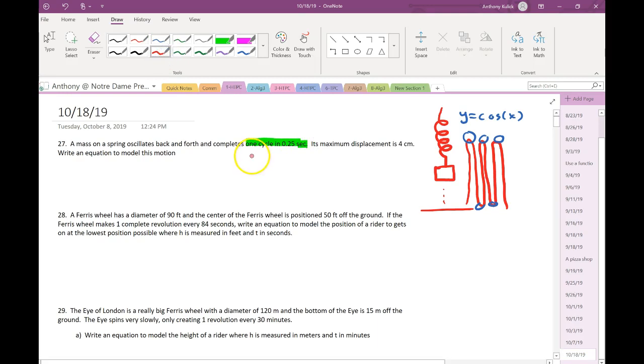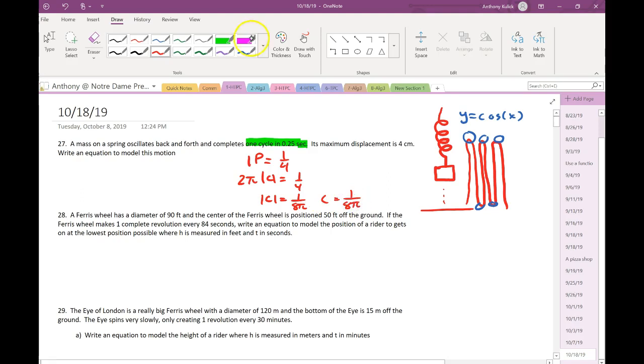What does one cycle mean? 1 period equals 1/4. So I know 2 pi c is equal to 1/4. So I know absolute value c is 1/8 pi. And as we've typically done, we're always going to pick c to be positive.